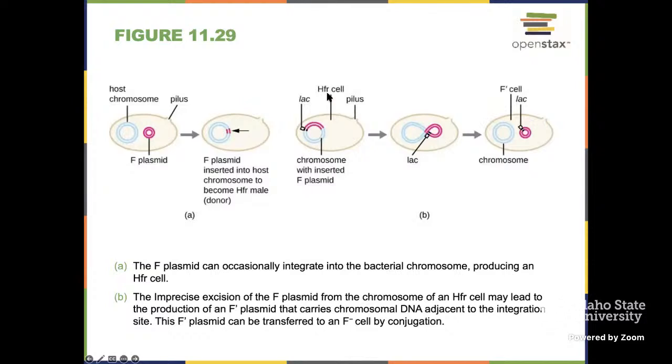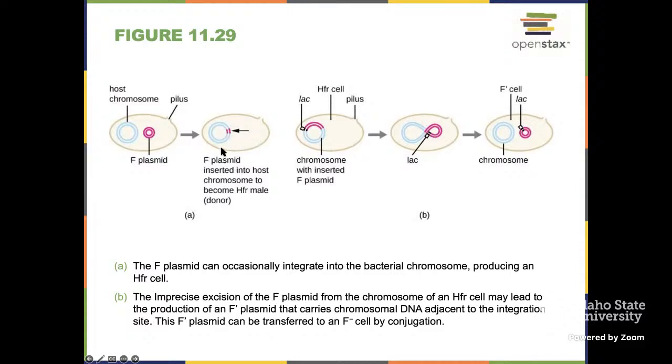So the HFR stands for high frequency of recombination, all right? So here we've got our cell, we've conjugated, we've done all of this, but the plasmid inserted into the chromosome instead of hanging out in the cytoplasm by itself, all right?